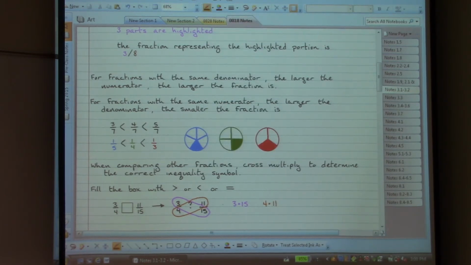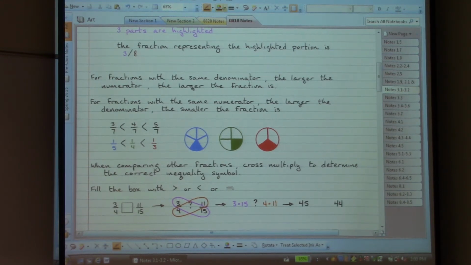So now we would have a means of comparing more normal, more familiar numbers. 3 times 15 is 45. And 4 times 11 is 44.